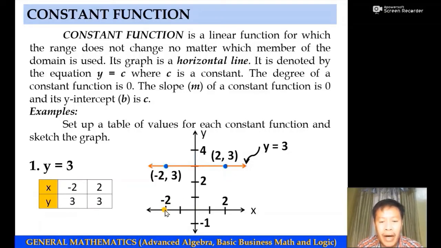Now, our y refers to the movement of the initial point going downward if it is negative, going upward if it is positive. Therefore, our y is positive 3. We are going to move the initial point going upward. So, this is 1, 2, and 3. And this is our point with coordinates negative 2 and 3. We are going to plot this point.